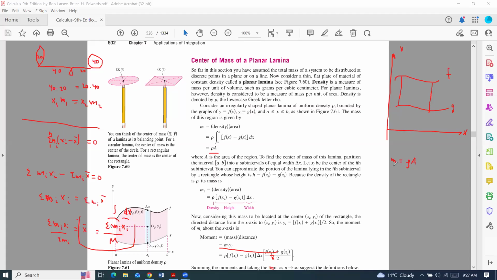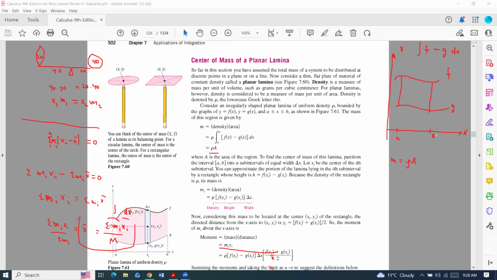So anyways, mass is density times, instead of volume, area. And how do we find the area? Well, to get the area, we need to subtract the lower function from the upper, right? f minus g. We already saw this, upper minus lower. And if we integrate with respect to x, and we start at a usually and end at b.